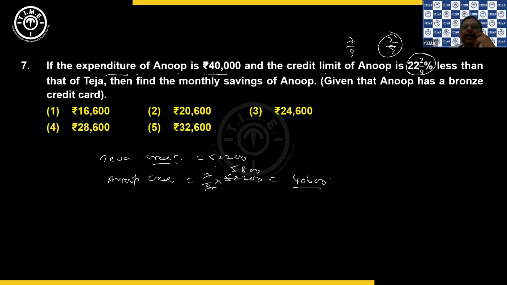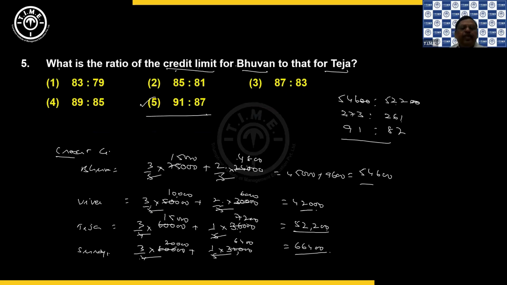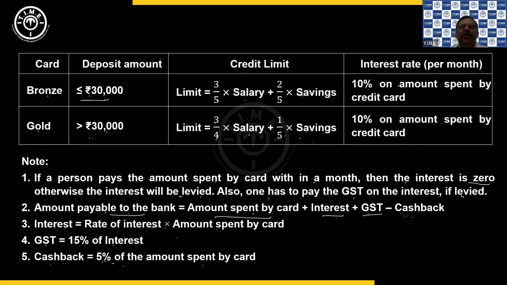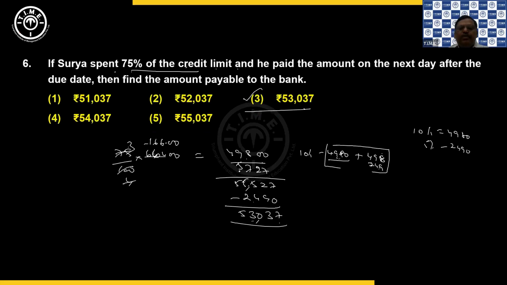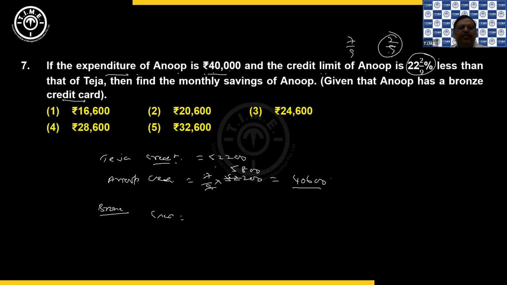But actually, Anup has been given a branch card. How do you get the credit limit? The credit limit formula, friends, is: for a branch card, 3/5 of the salary. Salary we don't know.